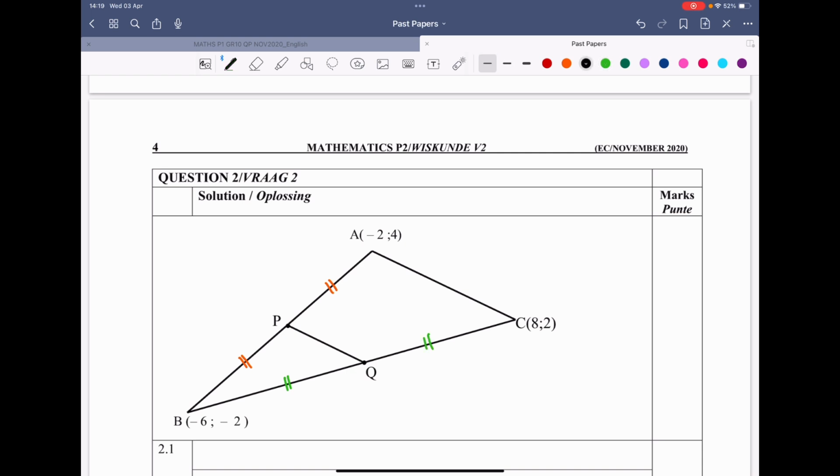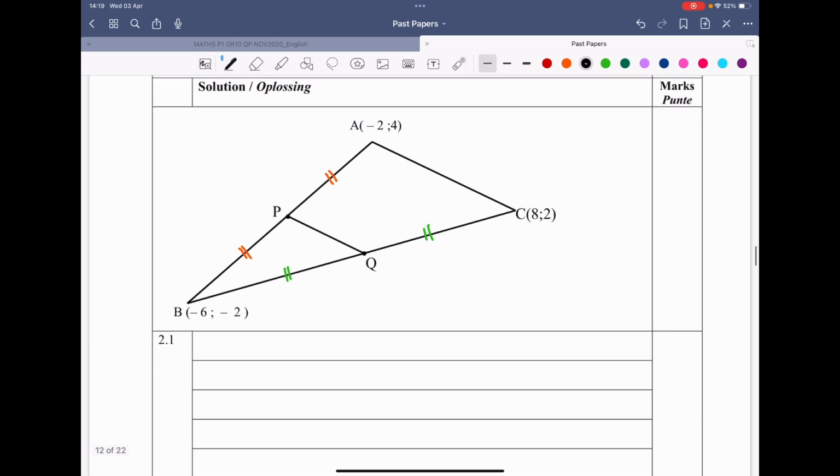Okay, then I can start answering the questions. So the first asked me to calculate the coordinates of P and Q. So I was told that P is the midpoint of these 2 points, and that Q is the midpoint of these 2 points. And so I can just use the midpoint formula to find the coordinates of each of them.